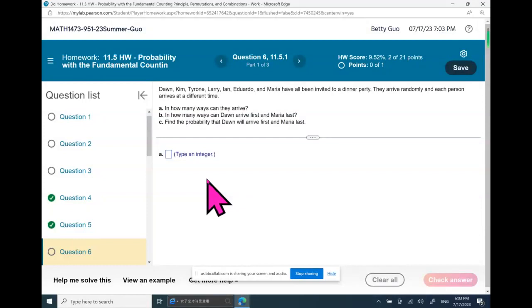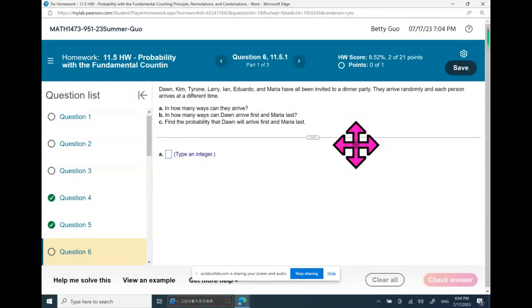Question number 6. Let's see what we have here. Don, Kim, Tyrone, Larry, Ian, Eduardo, and Maria. How many people is this? 1, 2, 3, 4, 5, 6, 7. 7 people have all been invited to a dinner party.